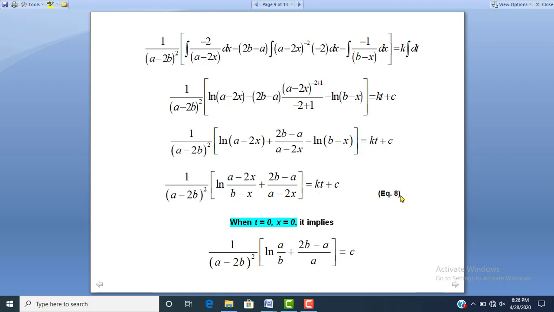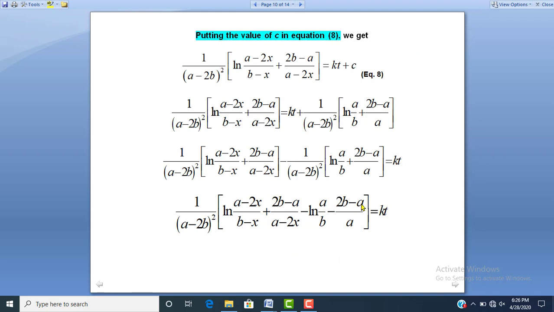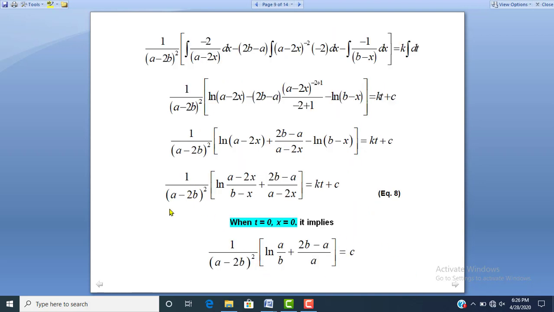So for equation 8, if we apply the initial conditions, when time is equal to 0 seconds and x is equal to 0, this equation will become like this: 1 over (a minus 2b) square, simple common, log natural a over b, because x is equal to 0, plus (2b minus a) divided by a, because x is equal to 0 so 2x will be 0.